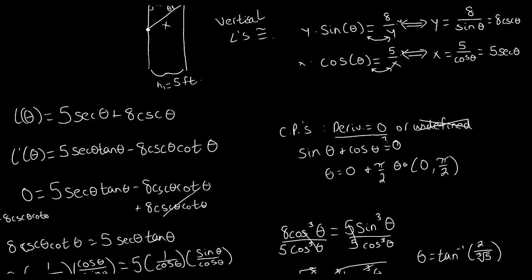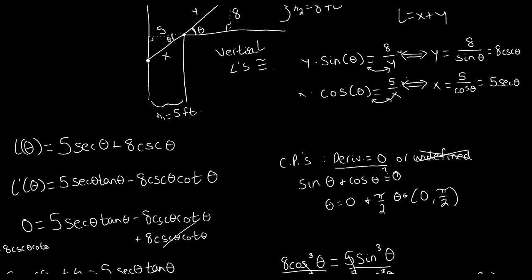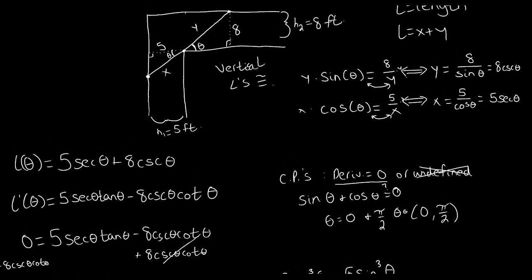If we plug theta equals 0 into this equation, sine theta evaluates to 0, so the y chunk of our curtain rod will be undefined. And similarly, if we plug pi over 2 into our x function, the x chunk of our length is undefined. And if we add something to undefined, it's still going to be an undefined length.